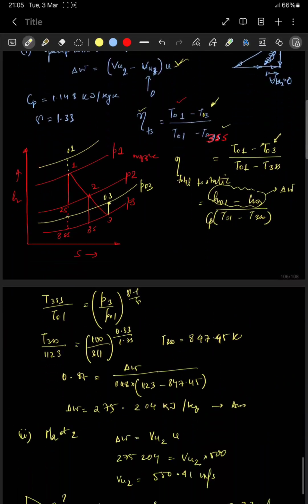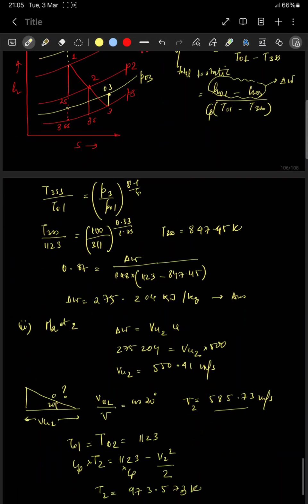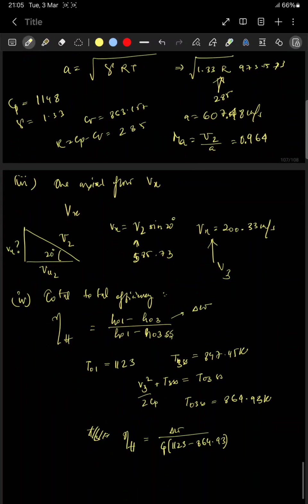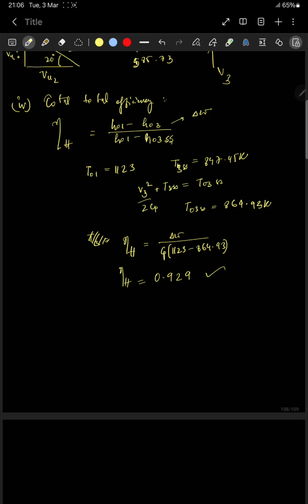Delta W is 275.204, divided by 1148 into 1123 minus 864.93. This gives me efficiency total 0.929. This answer is correct.